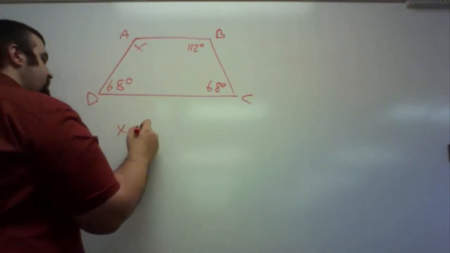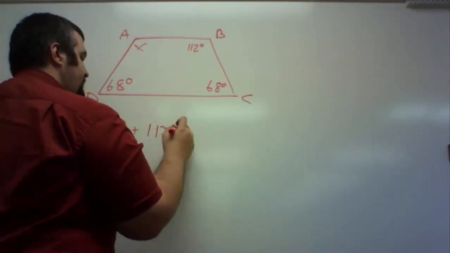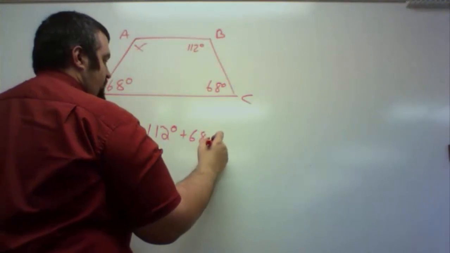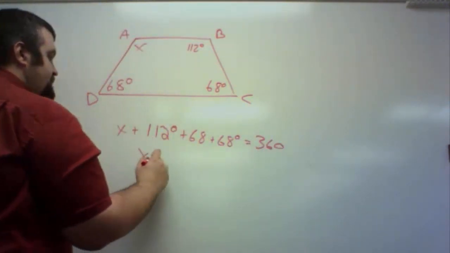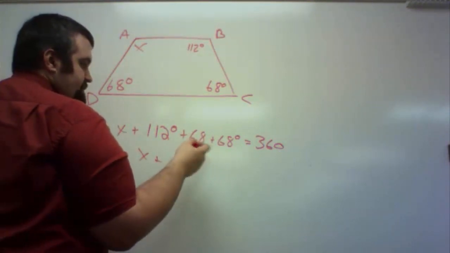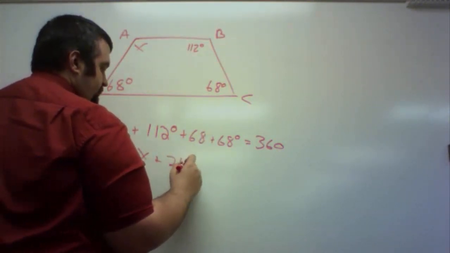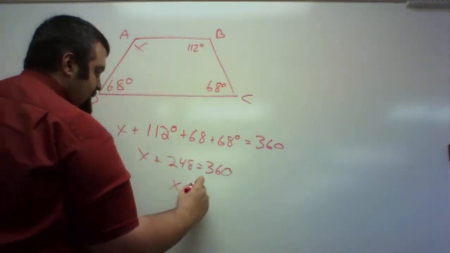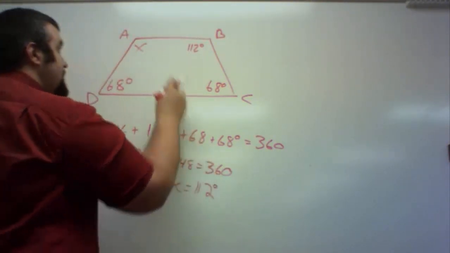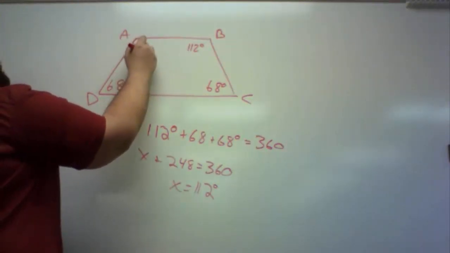All the angles of a quadrilateral add up to 360. So let's add them all together. x plus 180 plus 248 equals 360. Subtract 248 from both sides, I get x to be 112 degrees. So this is 112 degrees.